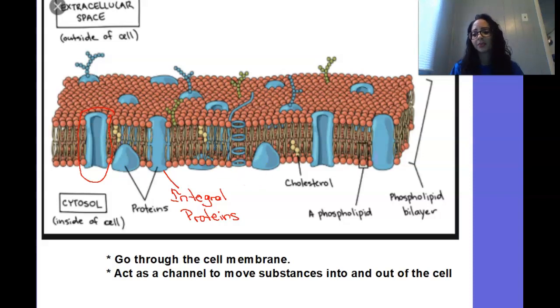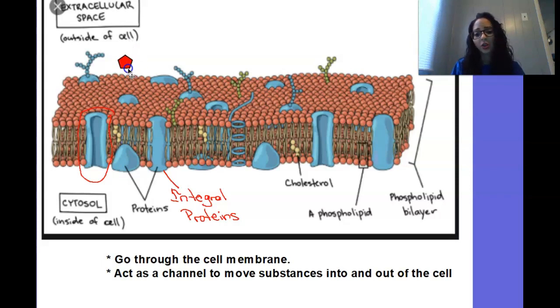So let's say this over here is glucose, we need glucose. So I hope you have eaten food today, your breakfast. So when you eat your breakfast, that food is broken down into smaller molecules called glucose. And your cell needs glucose to be able to do cell respiration so you can have energy all day, right?